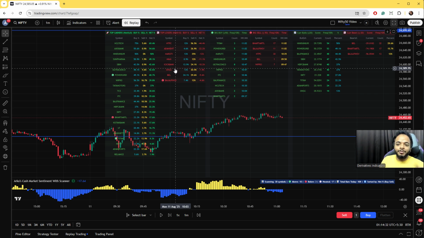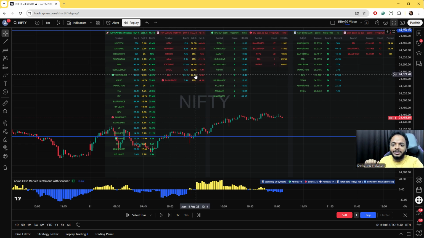But if the opposite happens, like Bharti Airtel in the top gainers list, where someone was buying and now suddenly we see a red ball, that means someone has started big selling there, and there is a high chance we can see a reversal. Similarly, in the top losers list, if we suddenly see a green ball, someone is buying and it can go up, so a reversal is expected there.